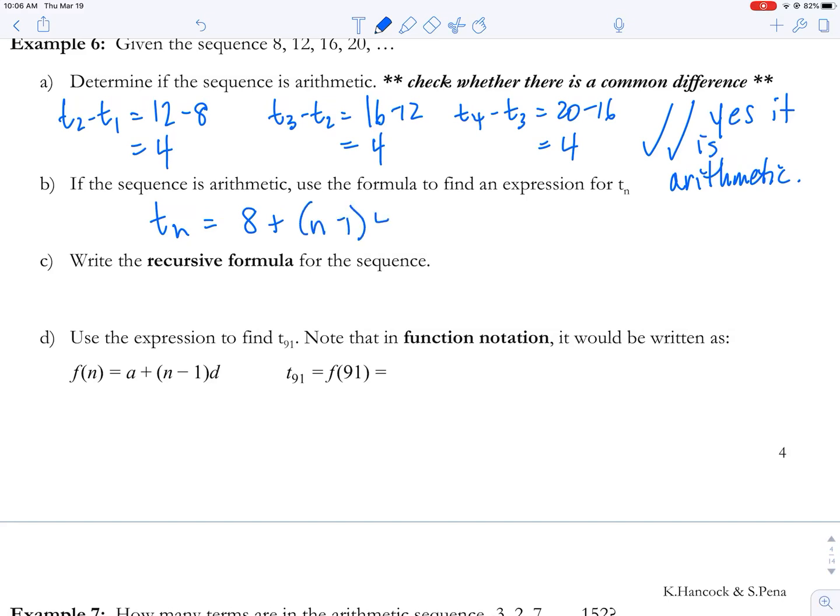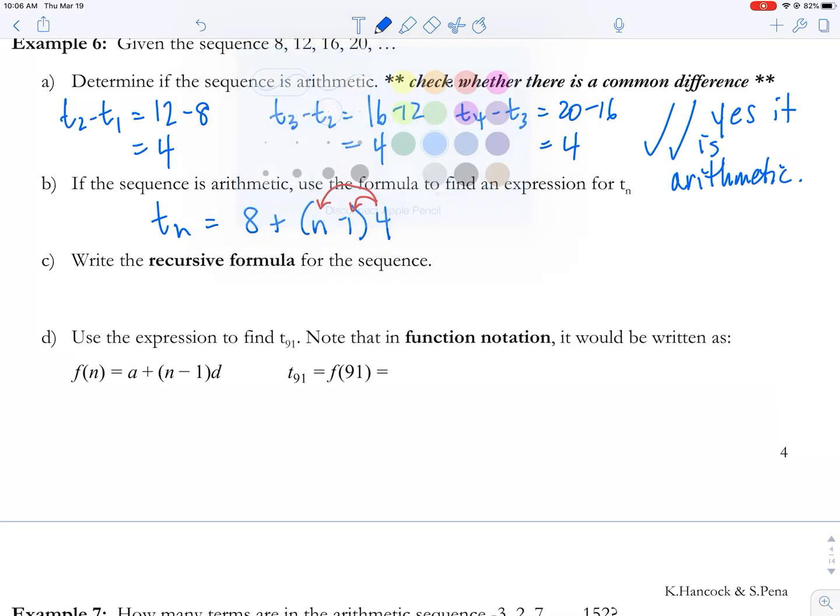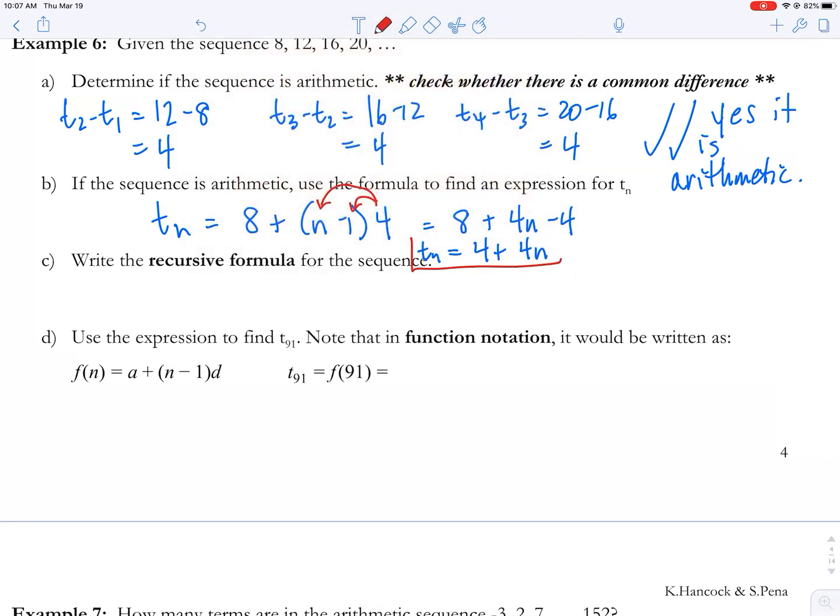The difference was 4. If we distribute and expand, that would be fine, but it's not particularly tidy. So if we were to distribute, we would get 8 plus 4n minus 4, which equals, 8 minus 4 is 4, plus 4n. That would be our final expression for Tn.